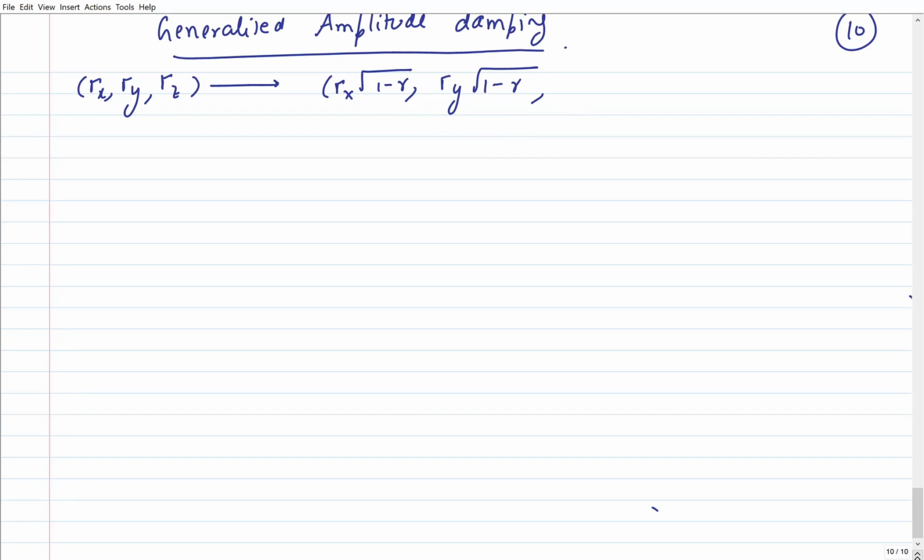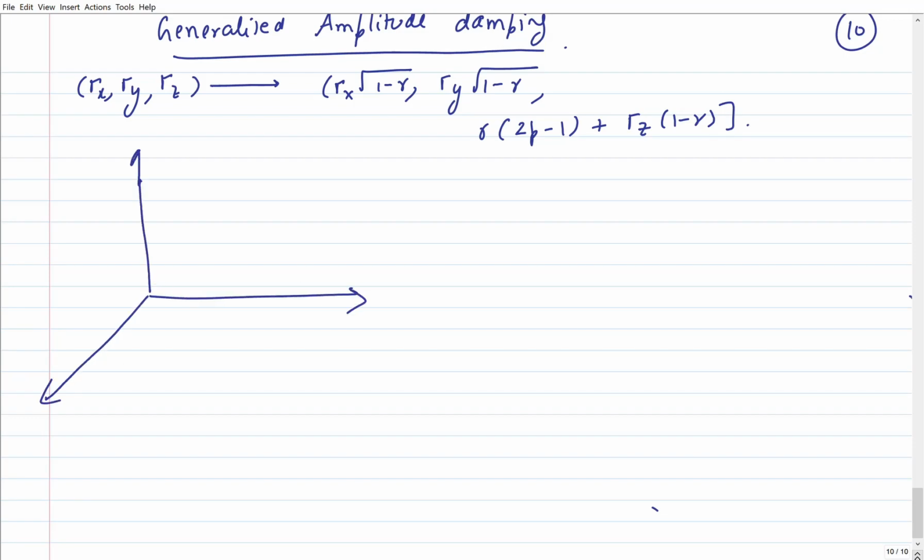And the generalized amplitude damping, in general, is going to also do a similar thing to the Bloch sphere, but the final invariant state is not going to be the ground state.